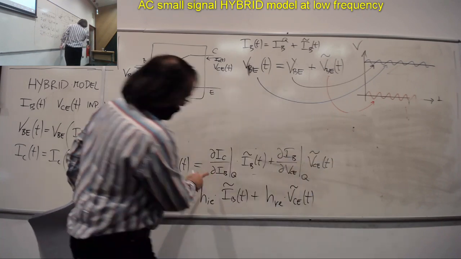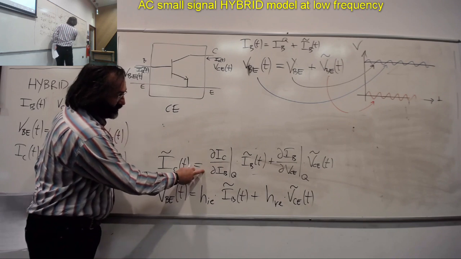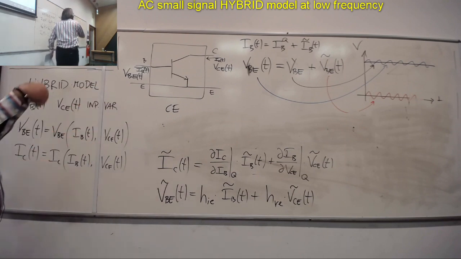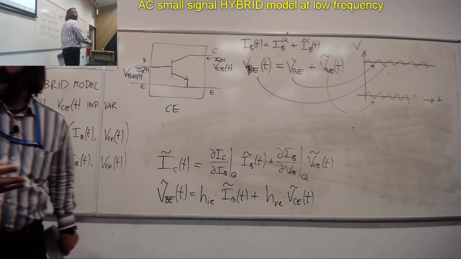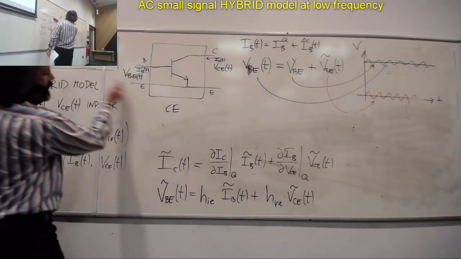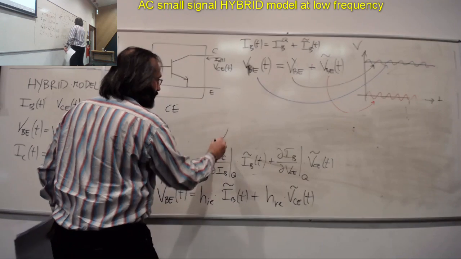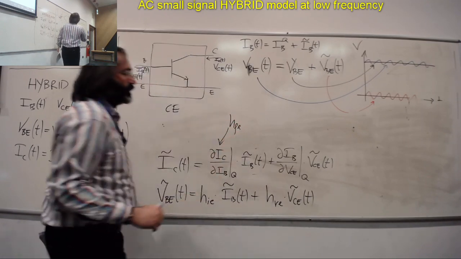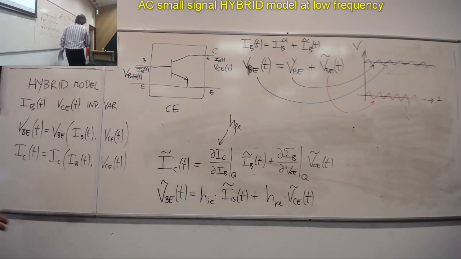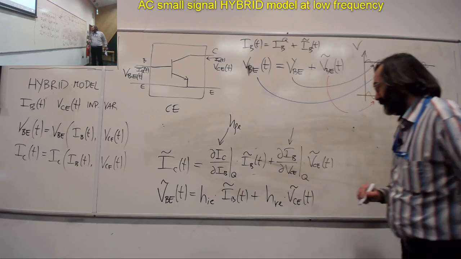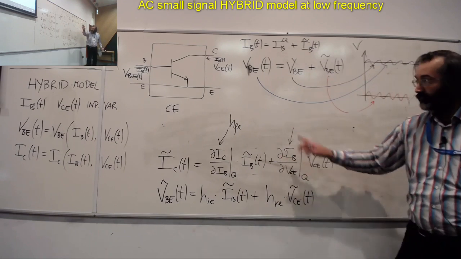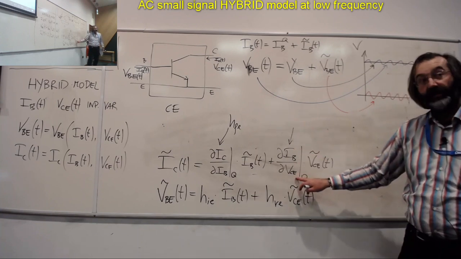Now, this first term is the derivative of the ratio between IC and IB. So this is the differential current gain forward, because IC is in output, IB is in input. This is indicated as HFE, forward for the emitter configuration. And the other one here is a current divided by a voltage.